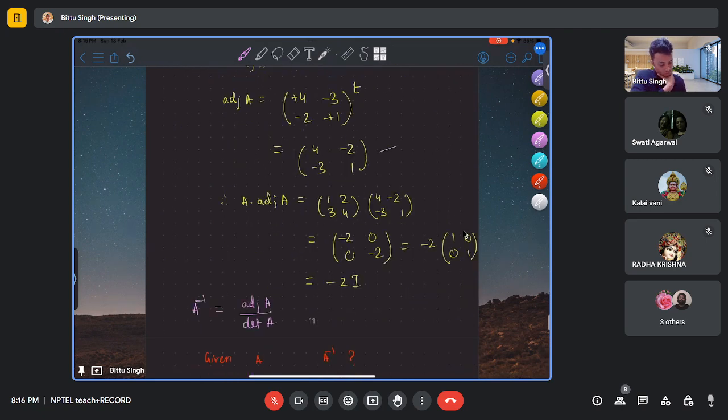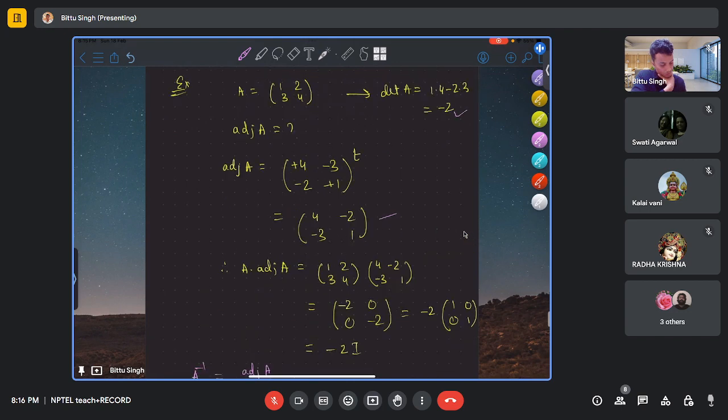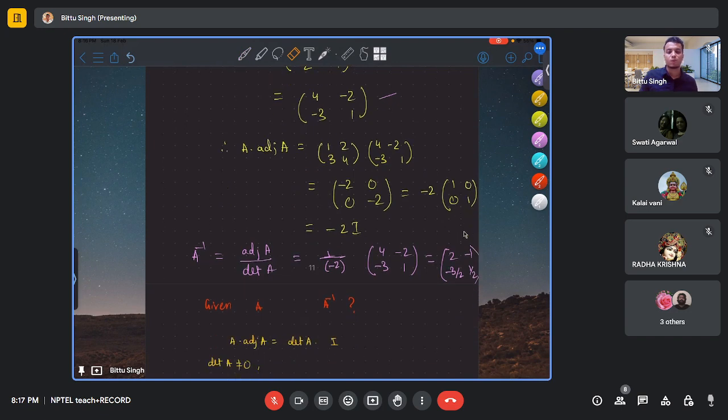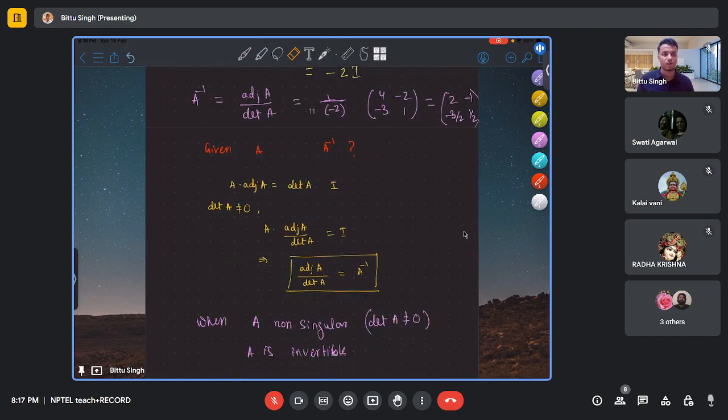So this is 1 by minus 2 times the adjoint, 4, minus 2, minus 3, 1. So A inverse is 2, minus 1, minus 3 by 2, and minus half. This is A inverse. So instead of doing row operations, we can use this formula also for finding the inverse.